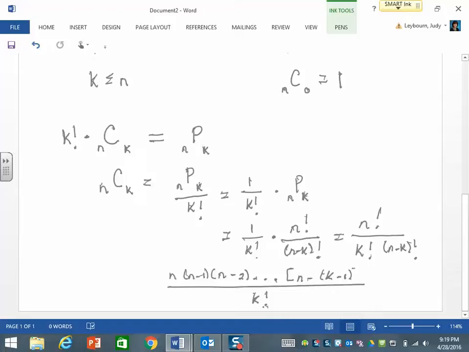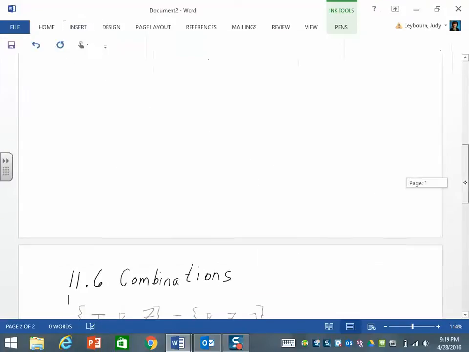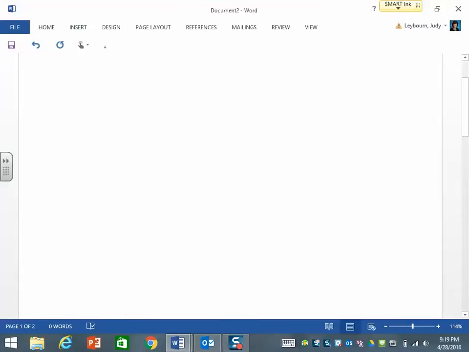Okay, so we can also, let me insert another page here real quick. We can also use another notation as well, and we'll be studying this notation very soon with the binomial theorem, but we can use the binomial coefficient notation.